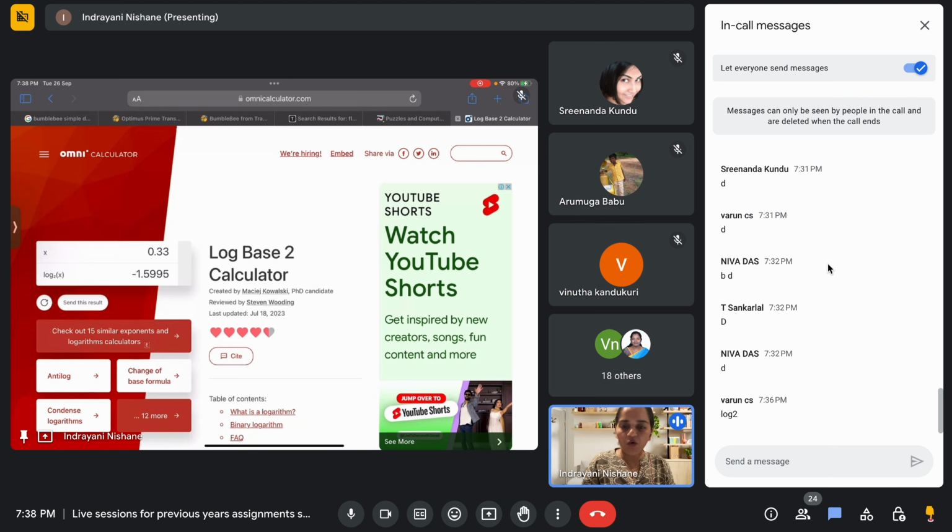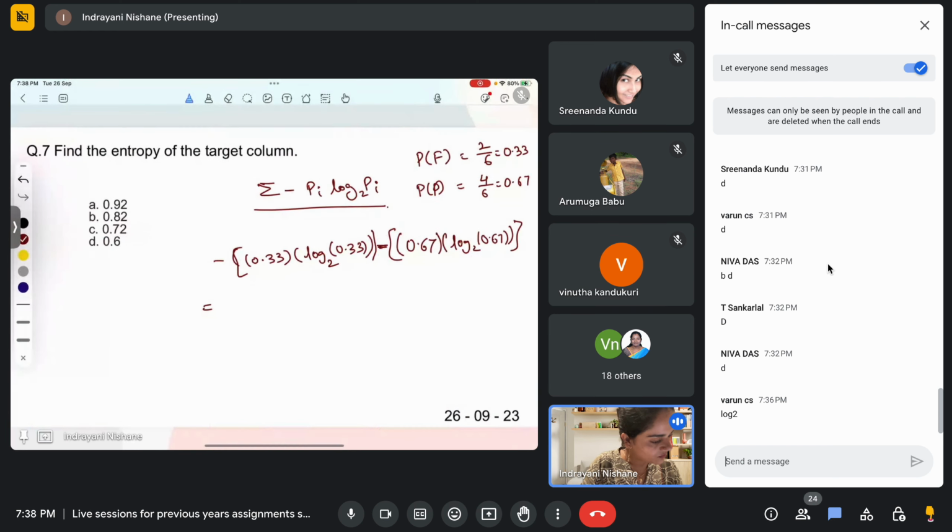Can we round it off to minus 1.6? So let's switch to our notes. This is 0.33 times minus 1.6. Let's keep the negative sign here, so this negative will become positive.